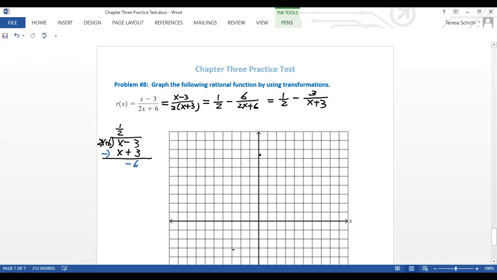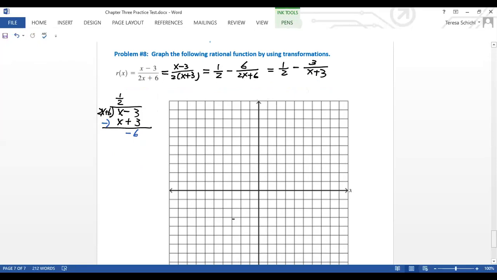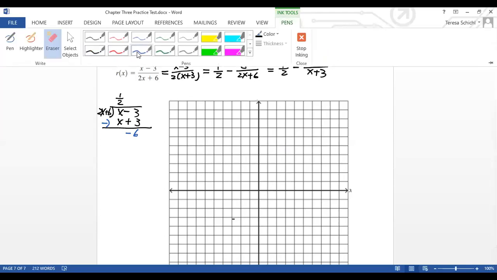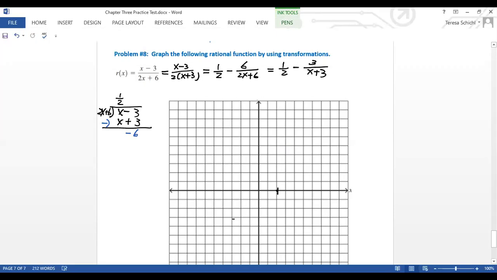Okay, so now let's start. Let's do the parent function first. Maybe I can make it a little bit bigger, so it will be easier to see. So this is 1, 2, 3, 4, 5 on each axis.